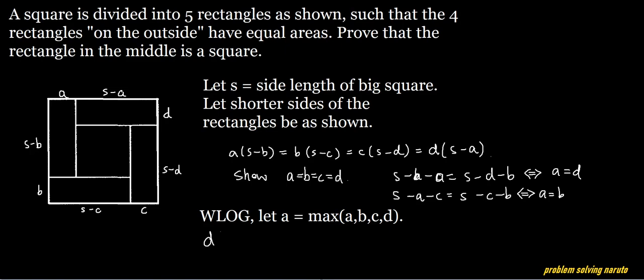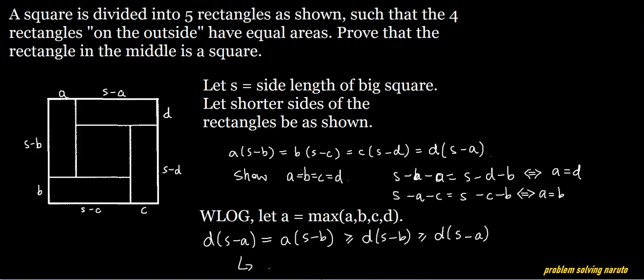So we can begin with this condition, and I know that A is bigger than D. And because A is biggest, S minus B should be bigger than S minus A. But we are back to the origin. So if these two are the same, then both of these inequalities must be equalities.